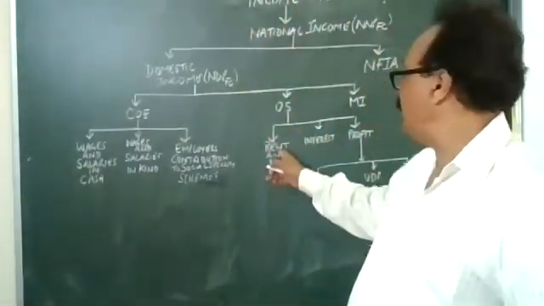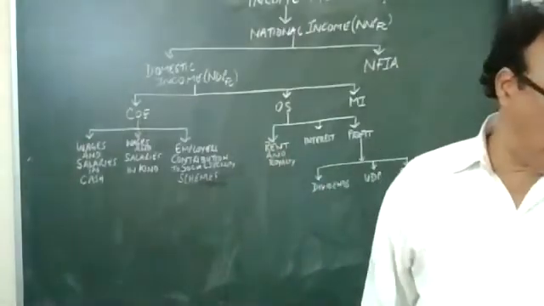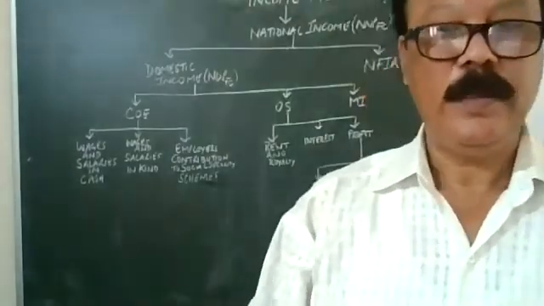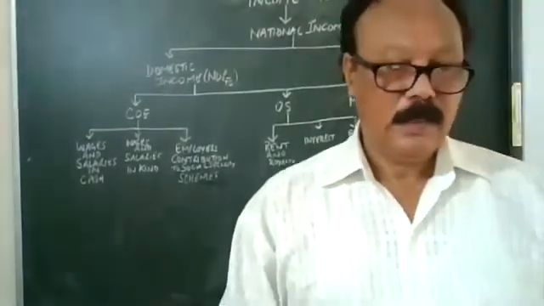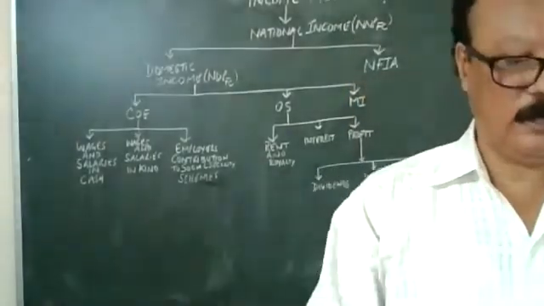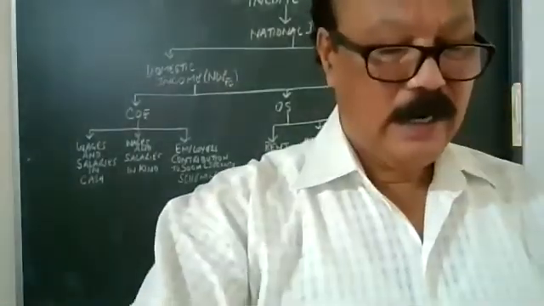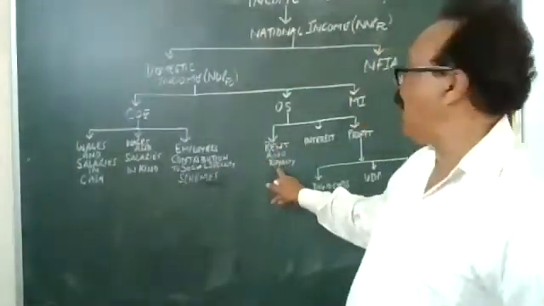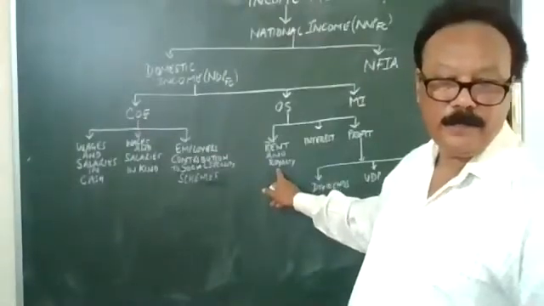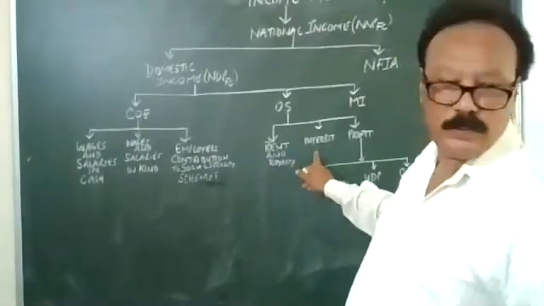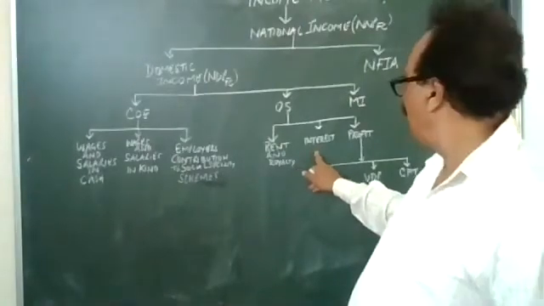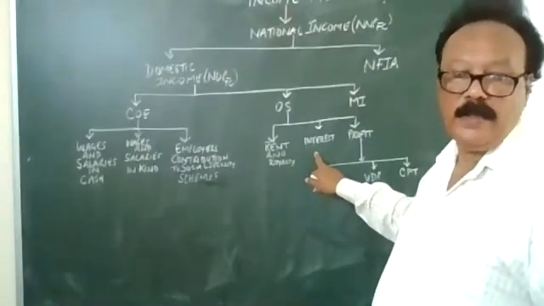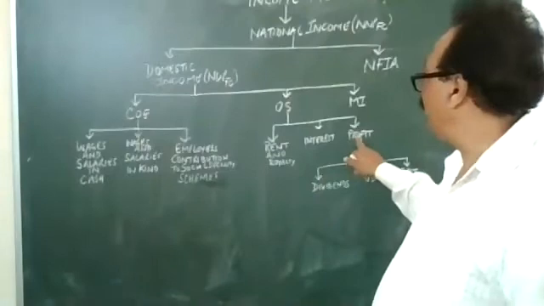So operating surplus, the first is income from property. What does it include? Income from property includes first rent and royalty. Then it includes interest. And third, income from enterprise, which is profits, what you get.